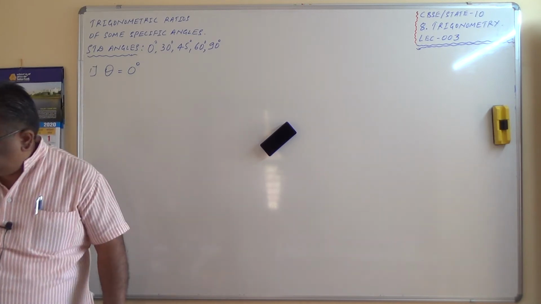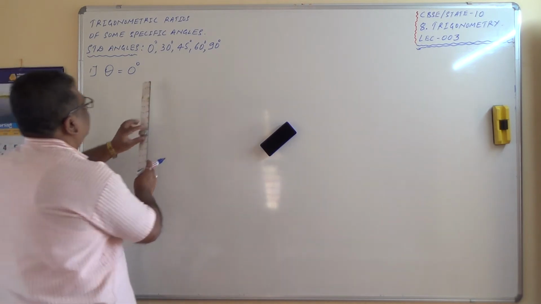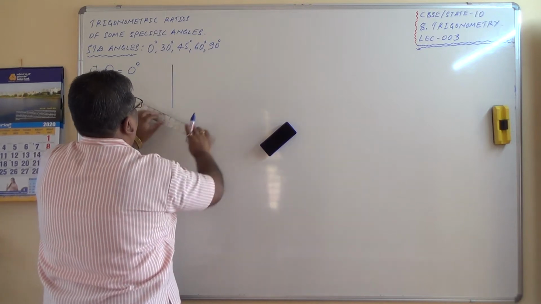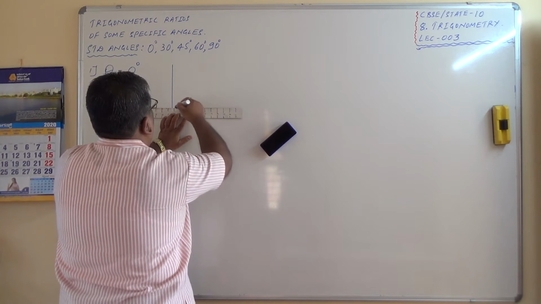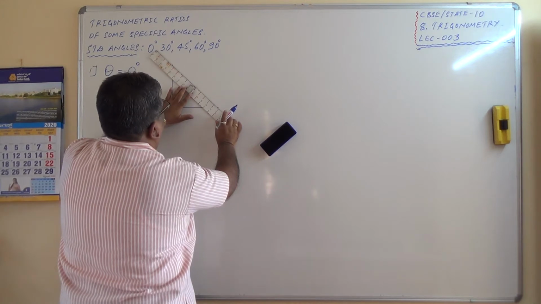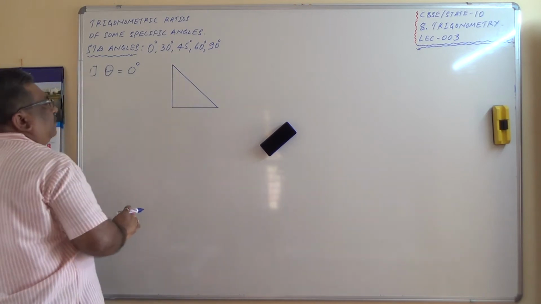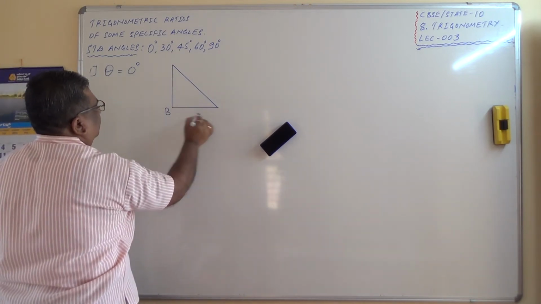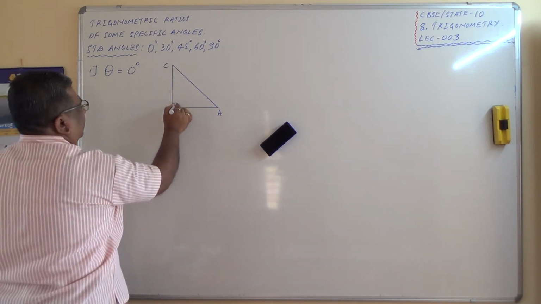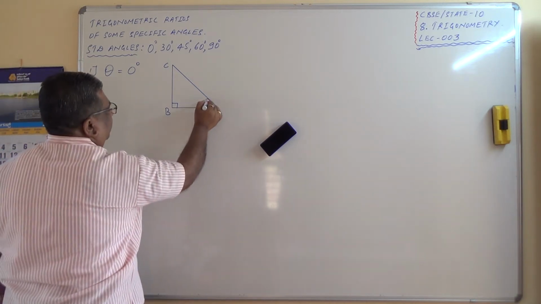So let us draw the diagram first. ABC, right angled at B. Let this angle be theta.